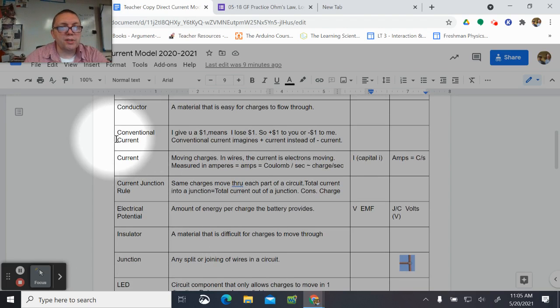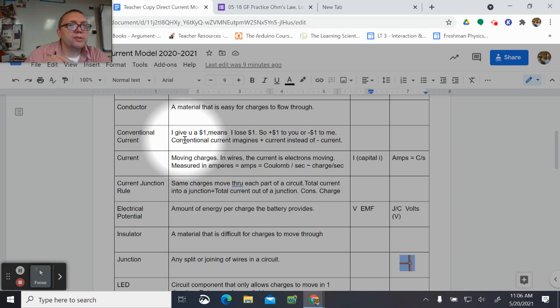Conventional current is kind of an awkward thing, but in wired circuits, circuits with wires, as opposed to some liquid-based circuits, it's really electrons that move one way. But we learned that after we learned about the atom, and about the existence of electrons and how they're different from protons. We learned about that after we had already started talking about charges or current going the other direction.